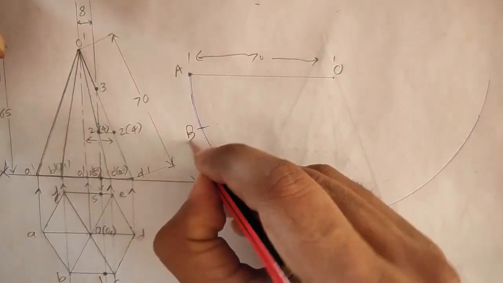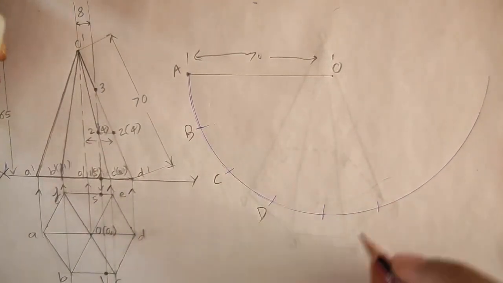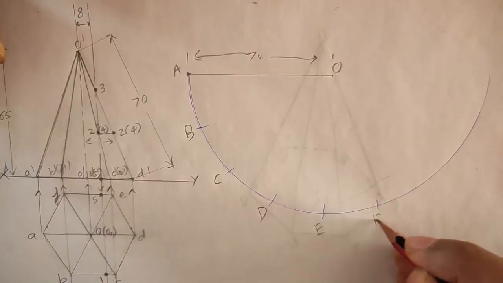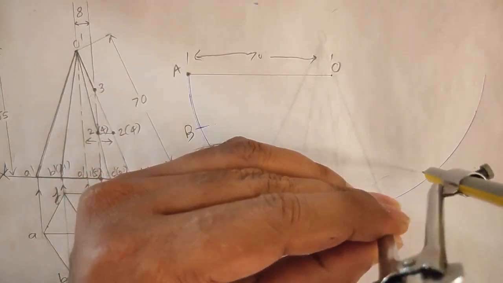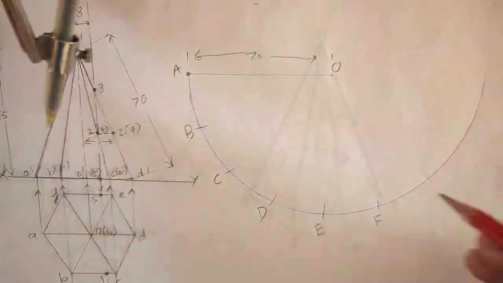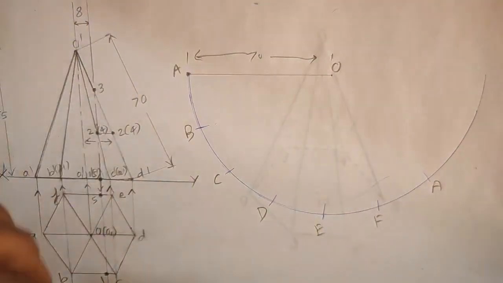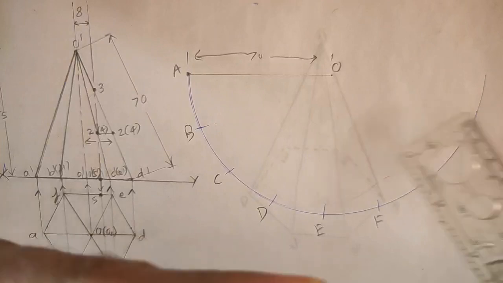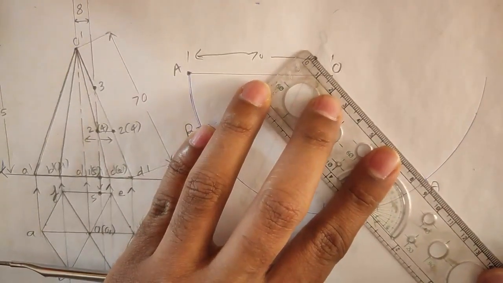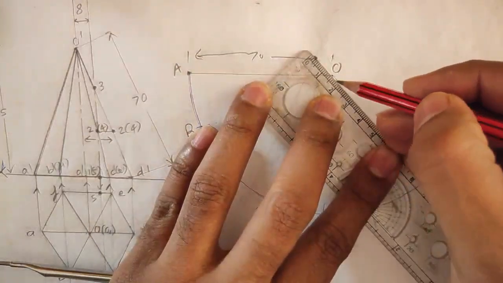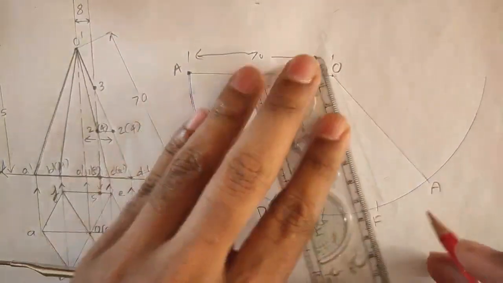So this is B, C, D, E, F, and since you started with OA, you are going to end with OA. So now these are your 6 slant edges. So join them with thin lines.